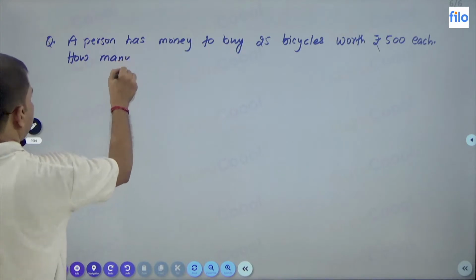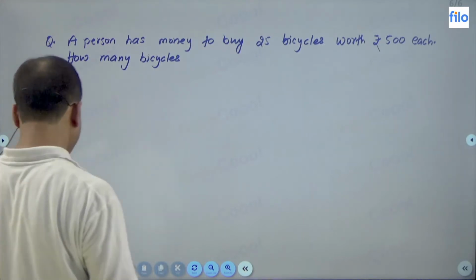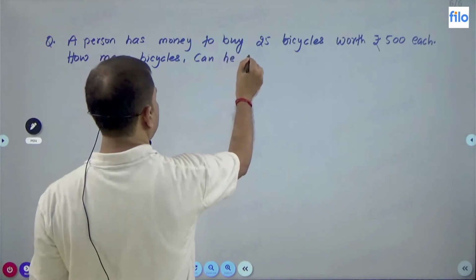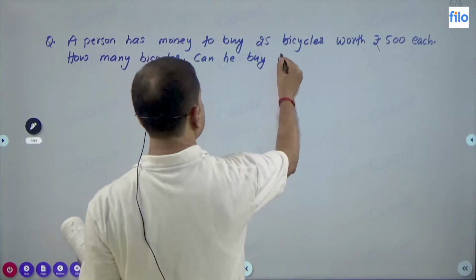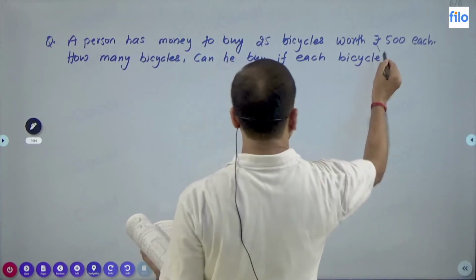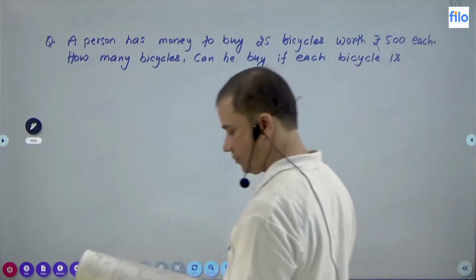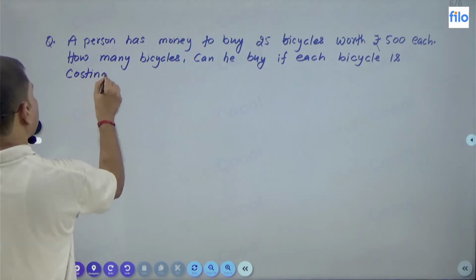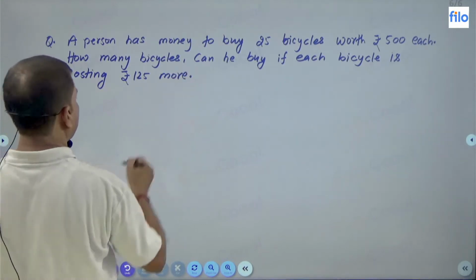How many bicycles can he buy if each bicycle is costing rupees 125 more.